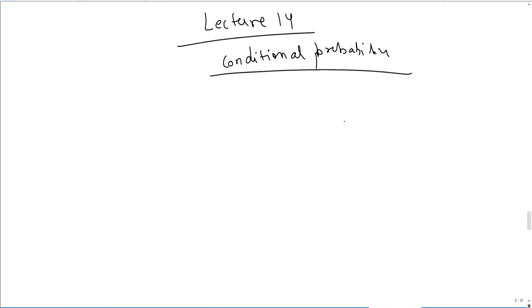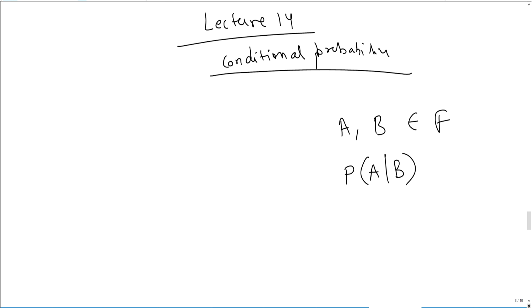Suppose you have two events A and B, and these events exist in your event space F. If I ask you what is the probability of occurrence of event A given that event B has already occurred?